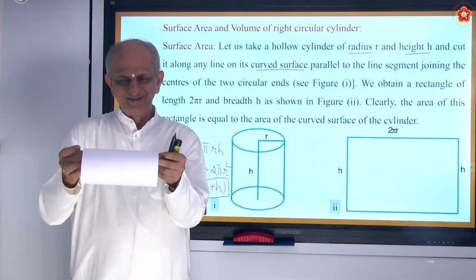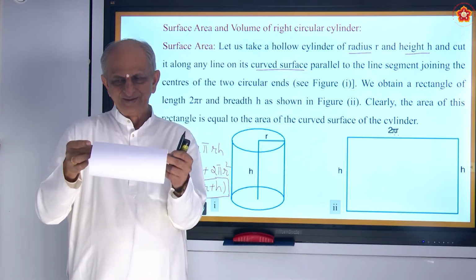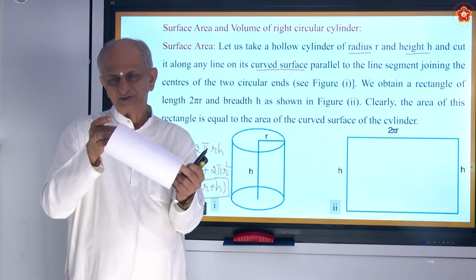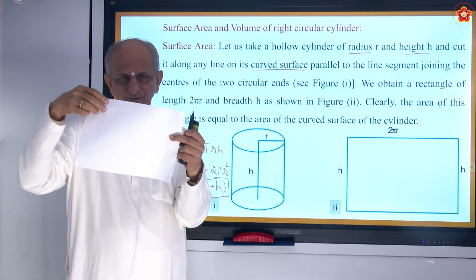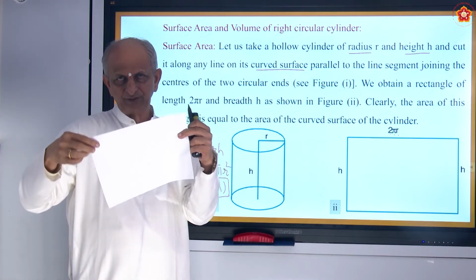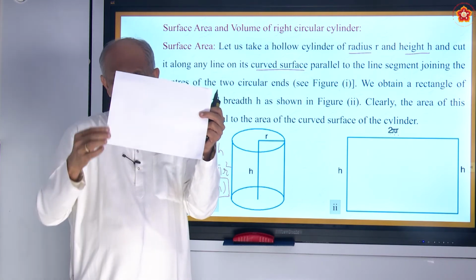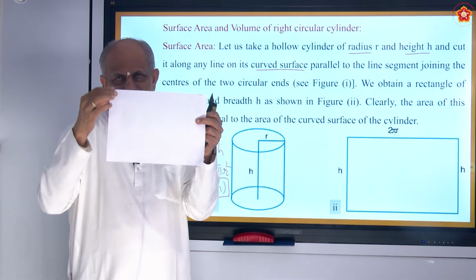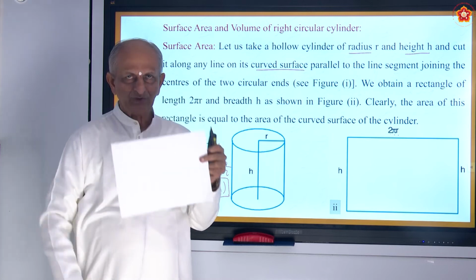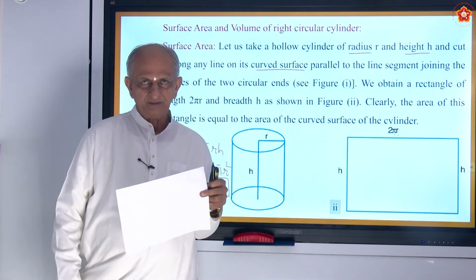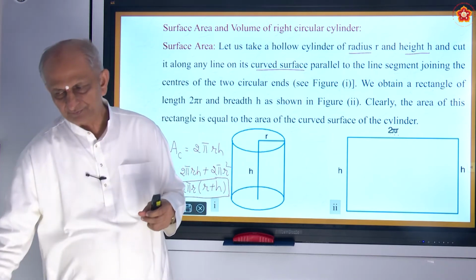So here the circumference of this circle is equal to the length of this. So length is circumference 2 pi r and breadth of the rectangle is equal to height of the cylinder. So this rectangle is also equal to the curved surface area of the cylinder.